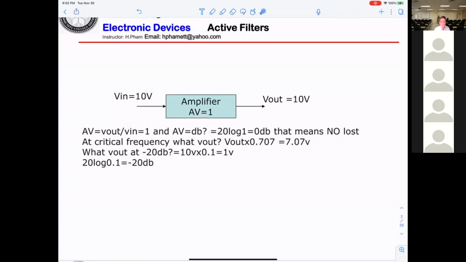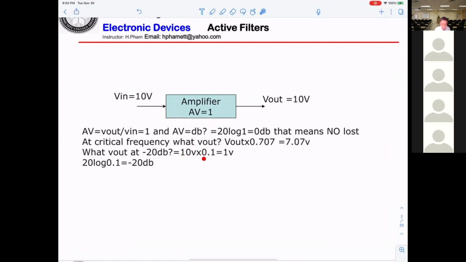Okay? And what is V out at minus 20 dB? So, 10 times 0.1. Why 0.1? Who knows? Right here, input at 10 volt.